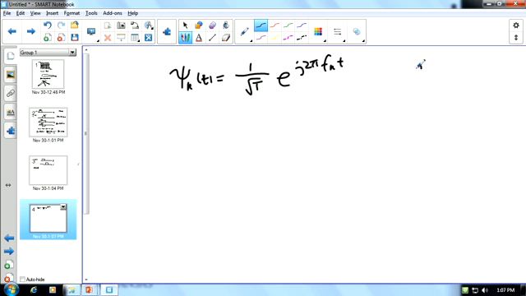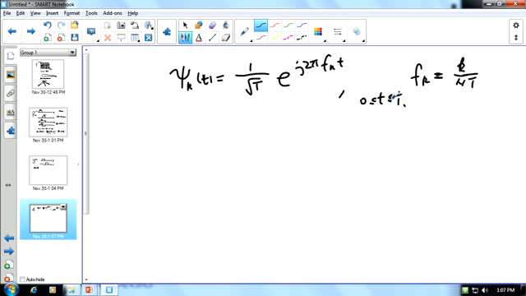The relationship is actually f_k equals k divided by N T here, right? NT. So that's the frequency requirement. And the duration of the waveform is from 0 to T. The duration of the waveform is from 0 to T.